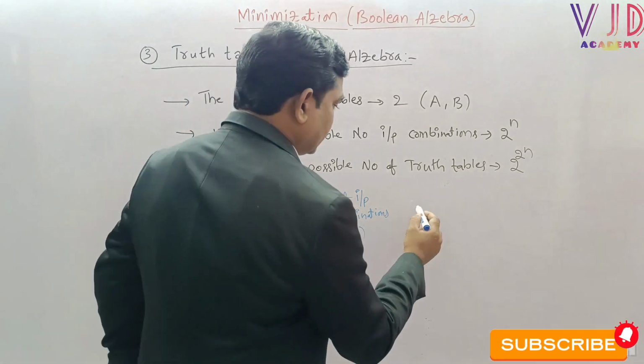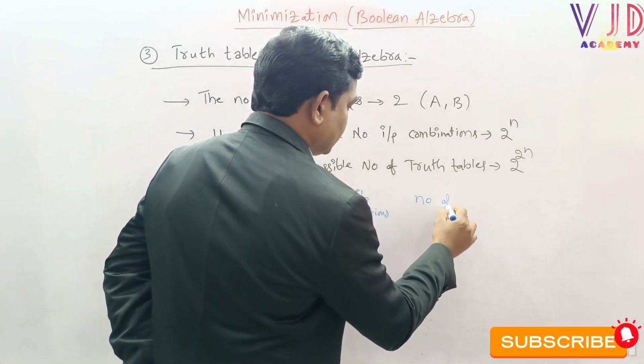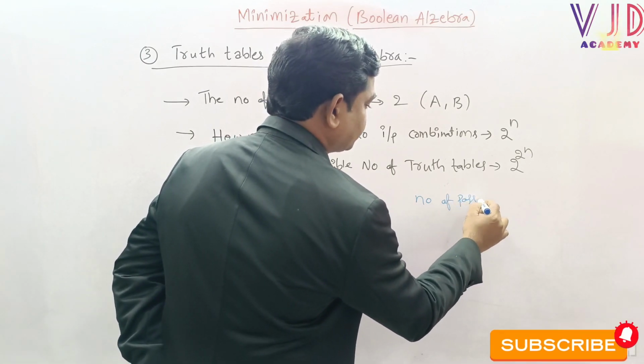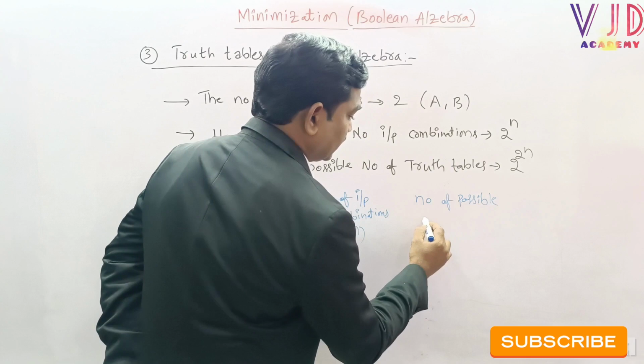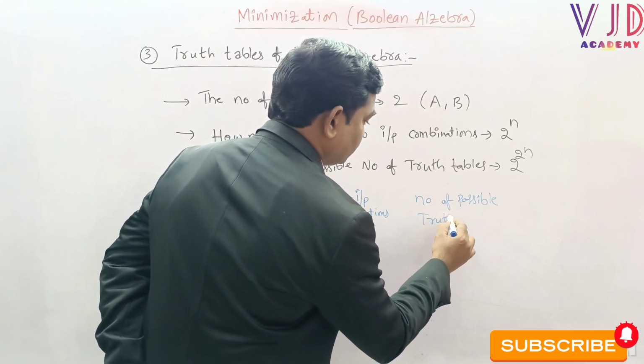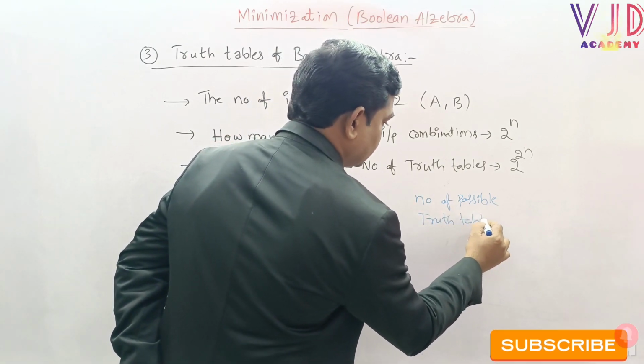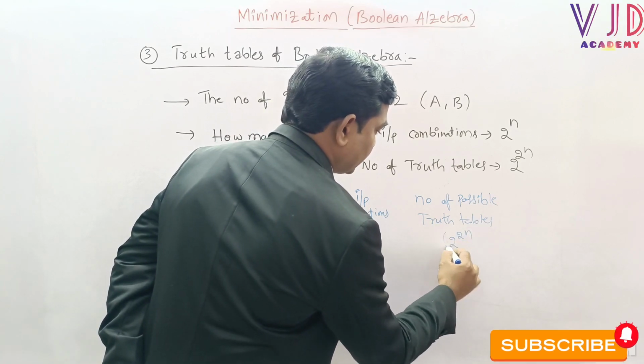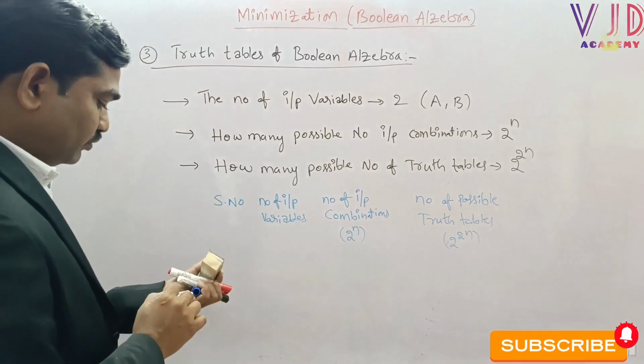And now let me take the number of possible truth tables, so the equation will be 2 power 2 power n. So this is the truth table.